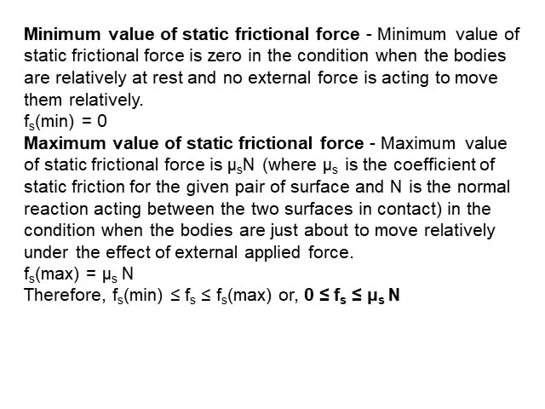And the maximum value of static frictional force is mu s into N, where mu s is the coefficient of static friction for the given pair of surfaces and N is the normal reaction acting between the two surfaces in contact. We will study these terms in detail later.